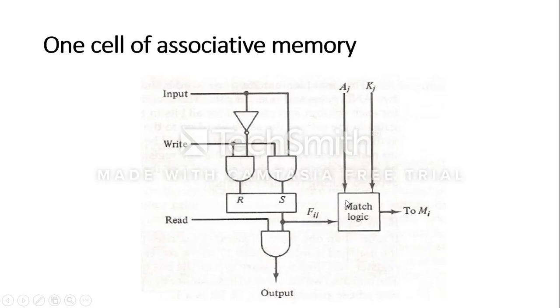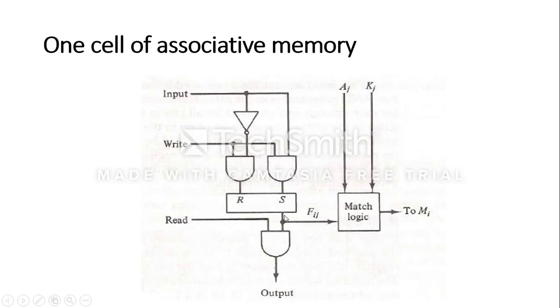We currently have no clear idea about the match logic, so at this point of time it is like a black box for us. We'll see what should be the exact logic to be included in this box, and we'll also try to simplify that logic. We'll try to identify what kind of components should be used.